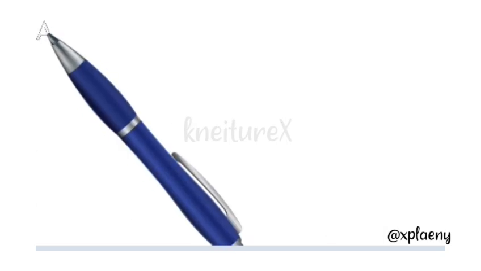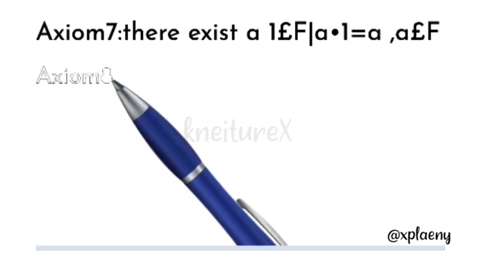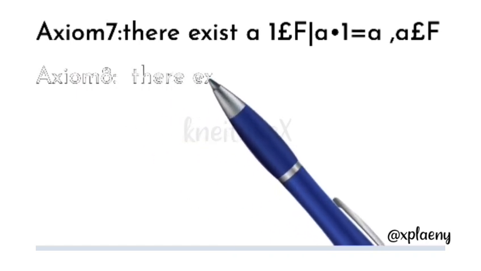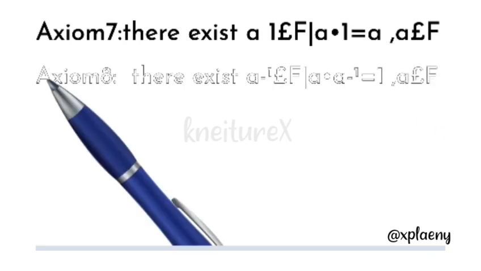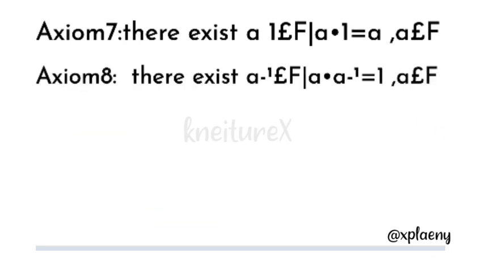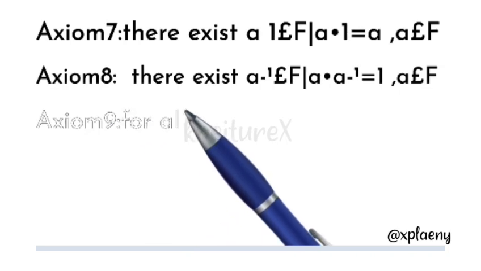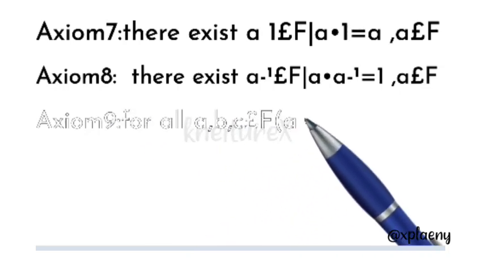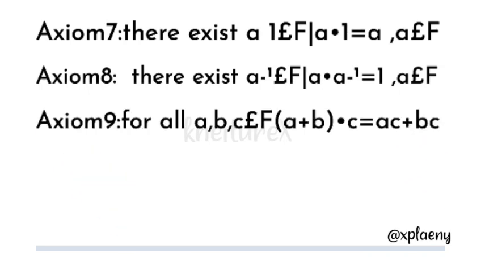And we also have our axiom 6. So there are basically 9 of them, which I'm going to list above, writing it down. So all we need is axioms and properties to guide us with the real number system. We have our axiom 7, which is an identity axiom, and that is telling us that there's an identity element in the field, such that when you multiply that element with another given element, it returns that element.